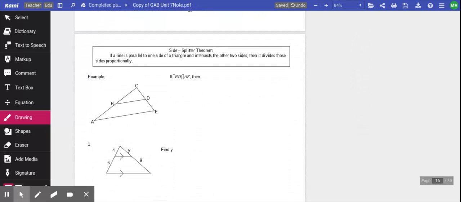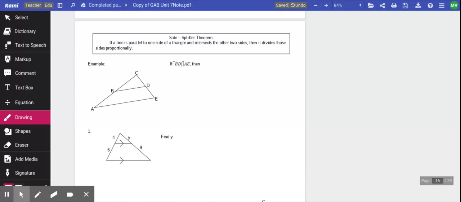Okay, so now another new theorem. It's called the side splitter theorem. If a line is parallel to one side of a triangle and it intersects the other two sides, then it divides those sides proportionally. So in this example, if BD is parallel to AE, then CB to BA is equal to CD to DE.